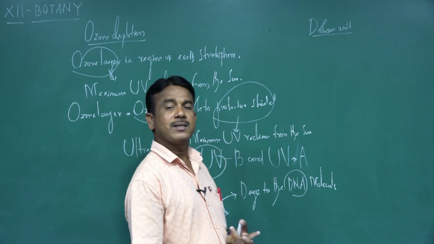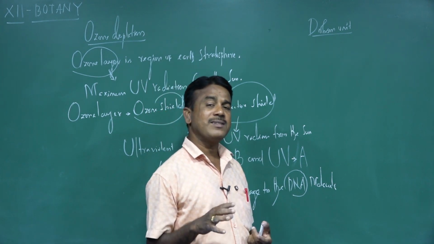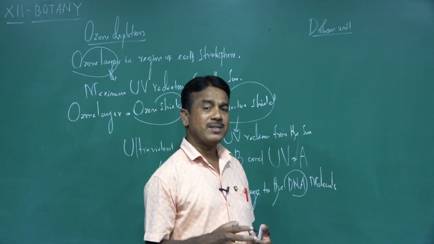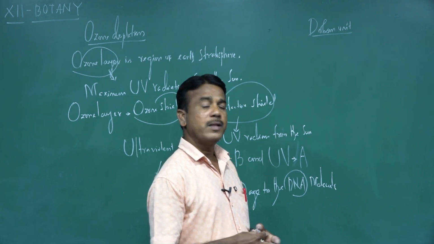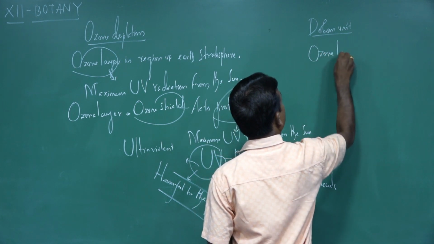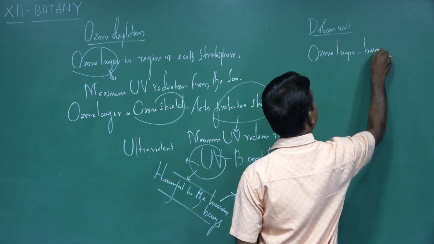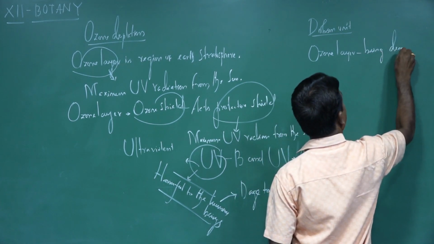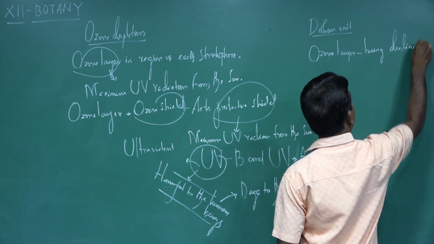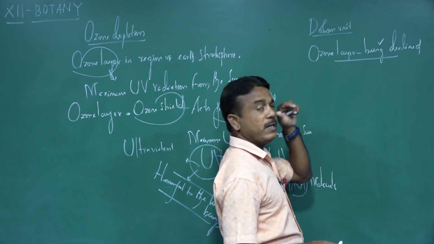So nowadays, because of some of the gaseous substances present in the atmosphere, the ozone layer is being declined. Which activities influence this?